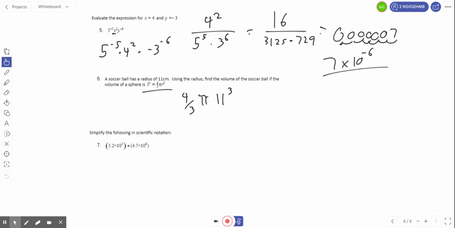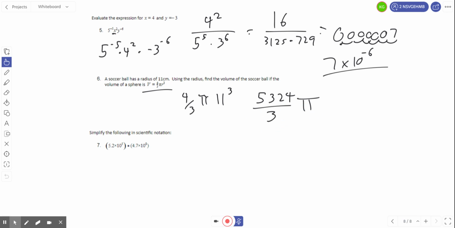And so we can do 11 to the third times 4/3. And that gives us 5,324 over 3 pi.